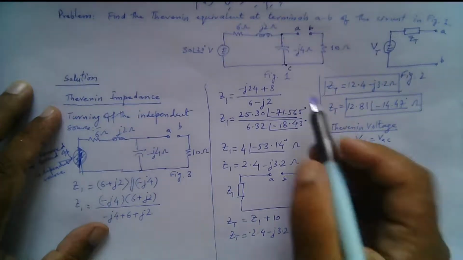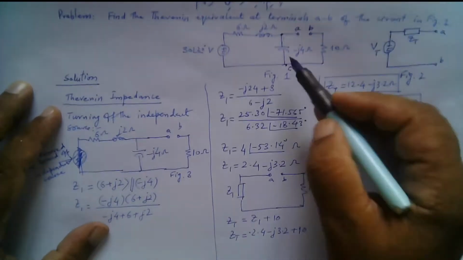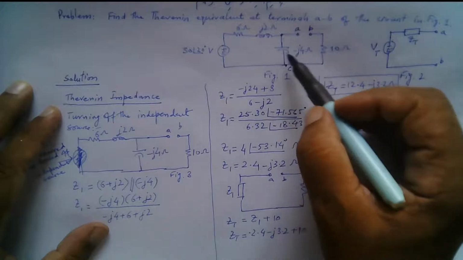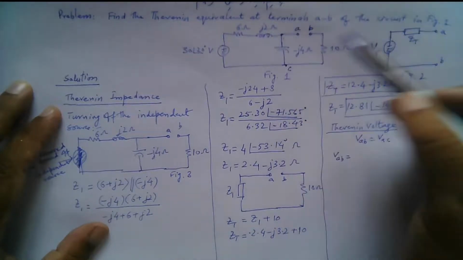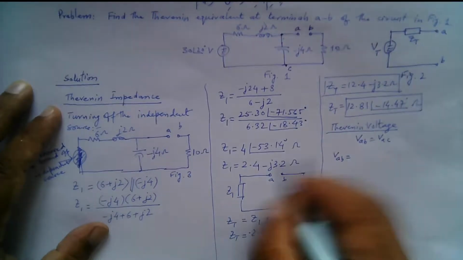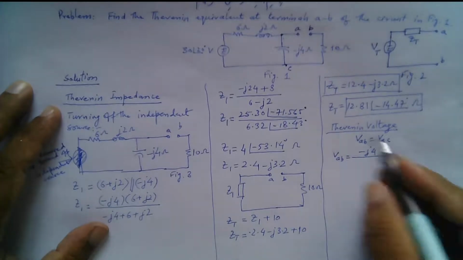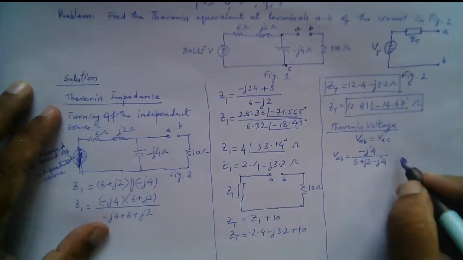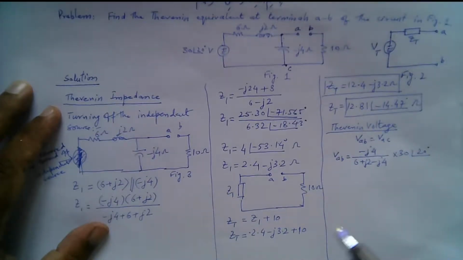So VAB is given by the voltage, or we can just find the current through this loop and then multiply the current with this impedance to find the Thevenin equivalent voltage, or we can use the voltage division also. So that is minus J4 divided by 6 plus J2 minus J4 multiplied by 30 angle 20 degrees, right?